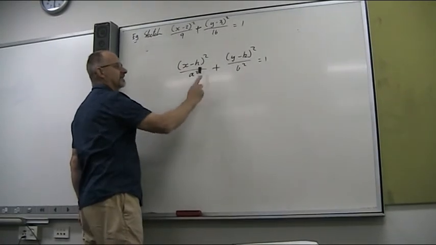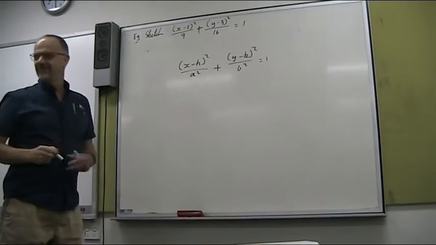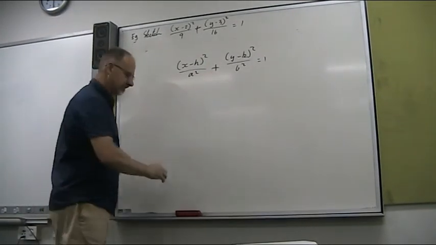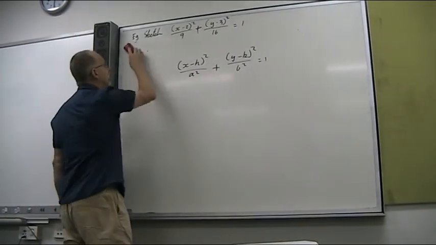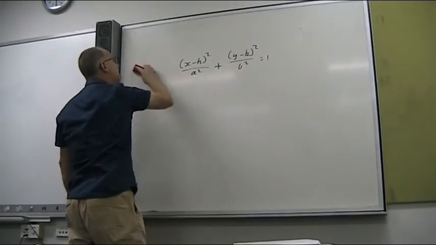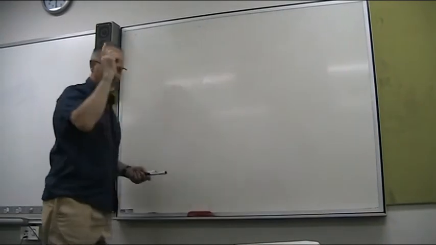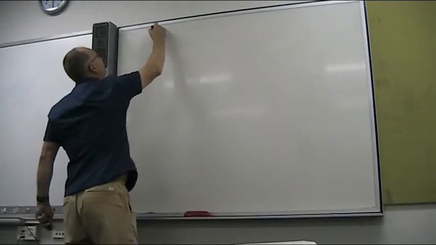If these two are the same, it's a circle, so it's got to be a plus there, doesn't it? Now, if it was a minus in there, it gives you a different graph.